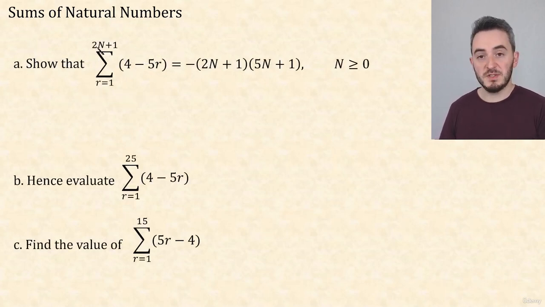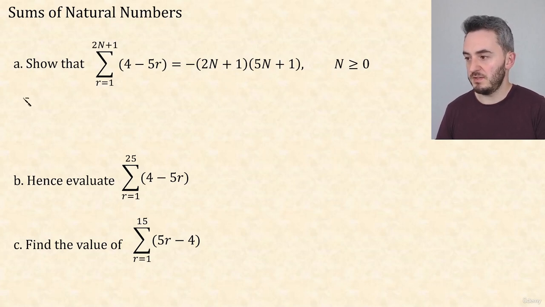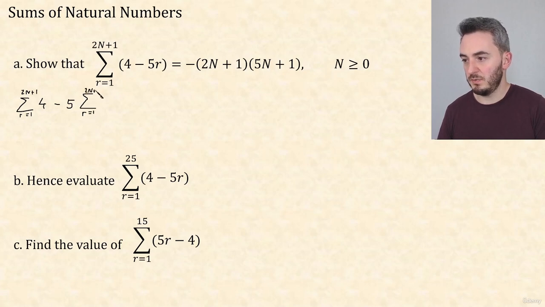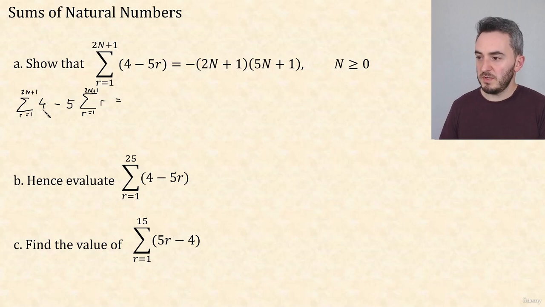So show that the sum from 1 up to 2n plus 1 of this term is this. So we'll split this up first. So this is the sum from r equals 1 to 2n plus 1 of 4, minus 5 lots of the sum from r equals 1 to 2n plus 1 of r. So what are we saying here?